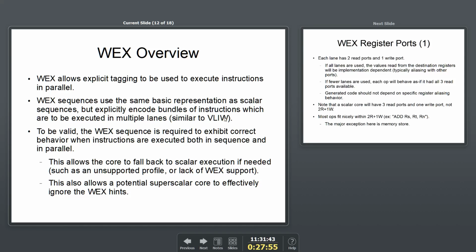This can be contrasted with superscalar, where the CPU itself needs to be able to figure out what can be safely run in parallel.